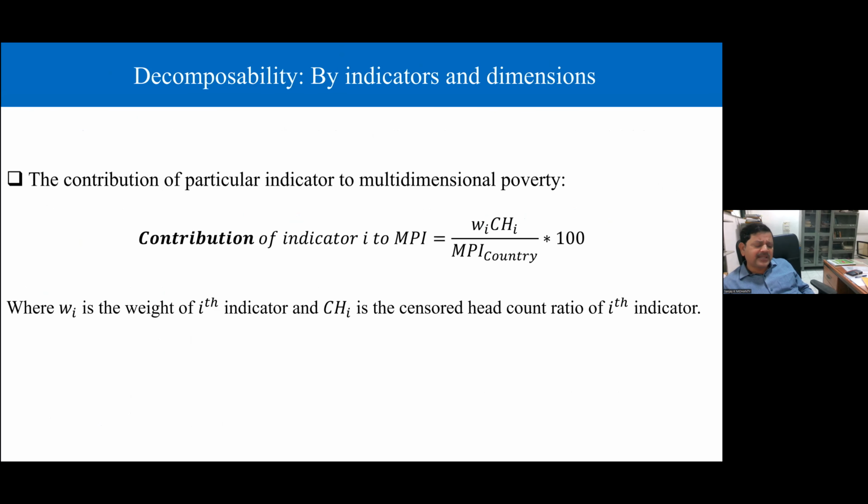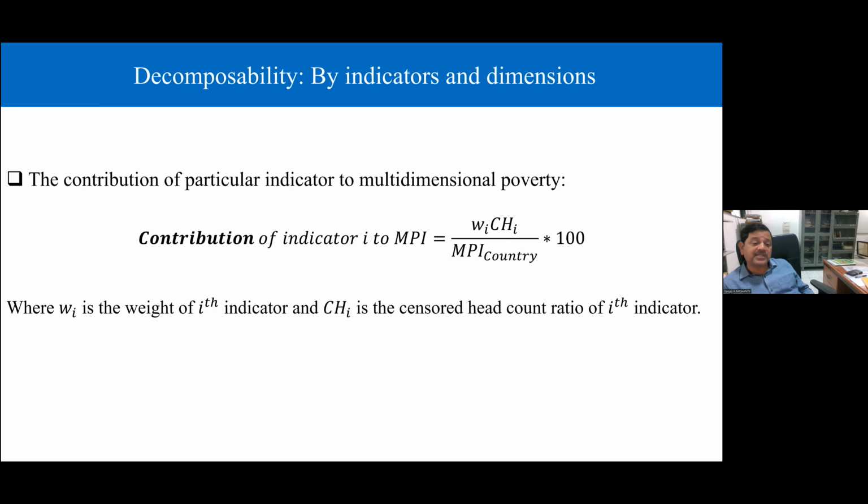One of the advantages of this index is that it can say what the contribution of the various indicators you have taken is to the overall level of poverty. From the policy perspective, it gives a sense of which domain is progressing slowly and where investment is more warranted.